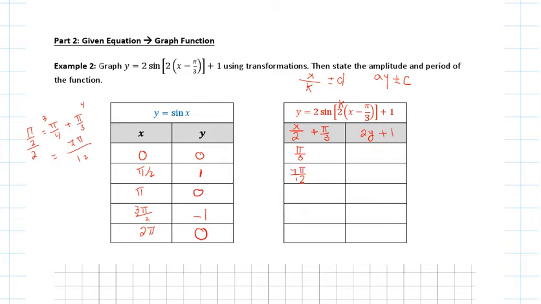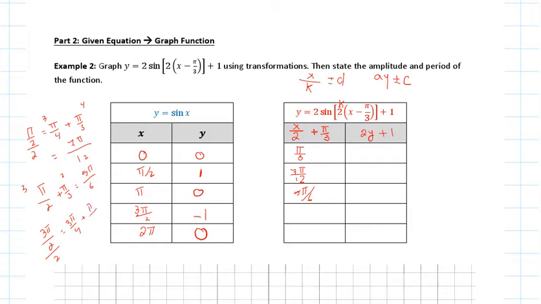Now I'm going to take pi, divide it by 2 and add pi over 3. My denominator is 6, so that's 3 pi plus 2 pi, which is 5 pi over 6. Then 3 pi over 2 divided by 2 is 3 pi over 4, and add pi over 3.